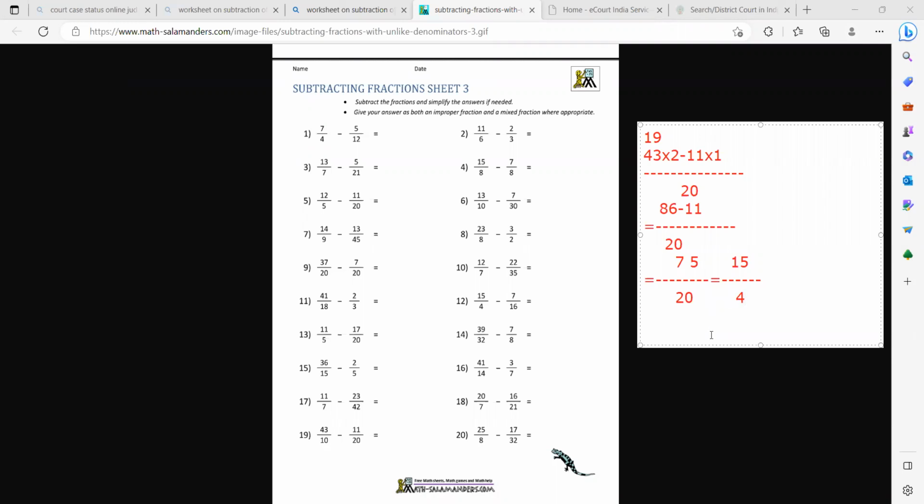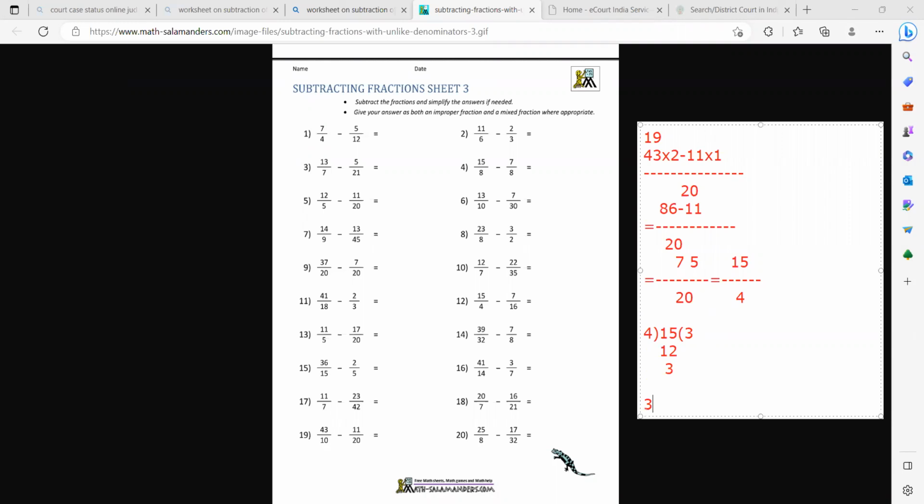So if we divide 15 by 4, since they cannot be reduced anymore, 4 into 3 is 12, and 15 minus 12 is 3. So 3 whole 3 by 4 is the correct answer of number 19.